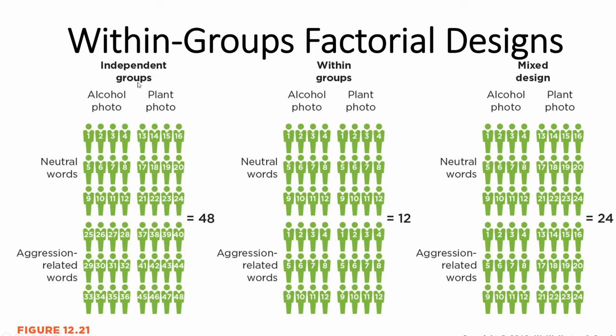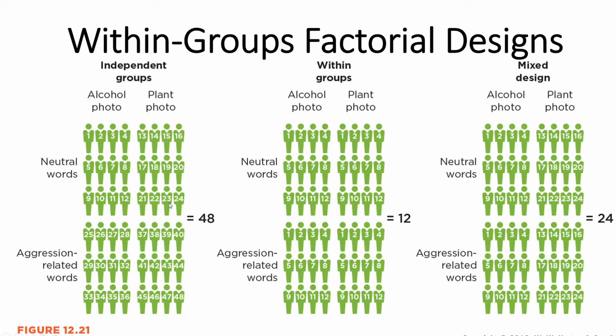So with our independent groups, if we use that priming with a picture of alcohol or a picture of a plant, and then identifying neutral versus aggression-related words, for this independent group setup, we would have 12 individuals in the alcohol image, then neutral word, identifying.